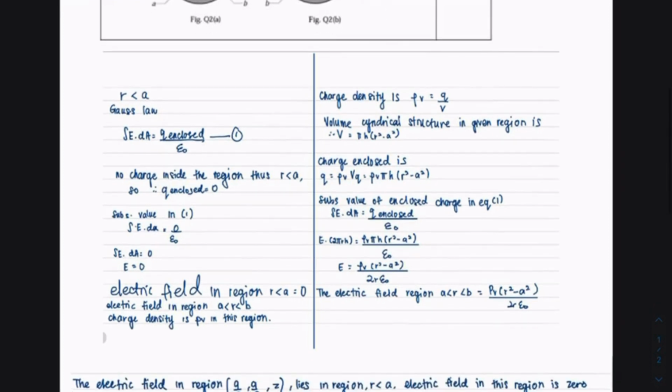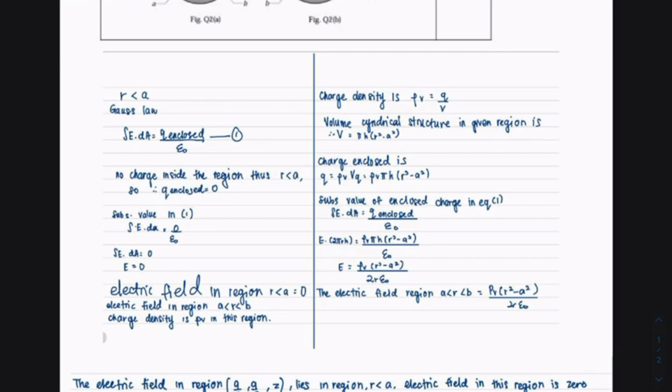Then we use the Gauss law that I mentioned in the first question. We substitute this new Q into the first equation. For the E dot dA, the area we make into 2 pi r h.